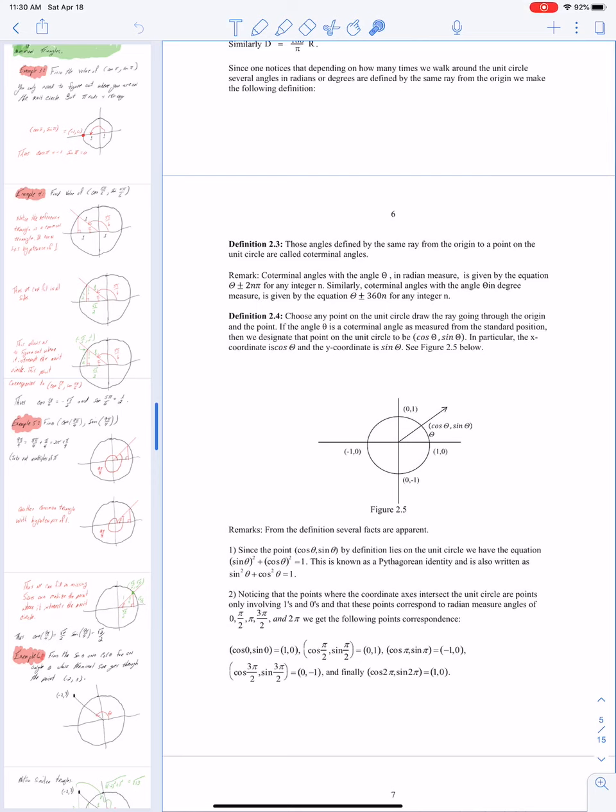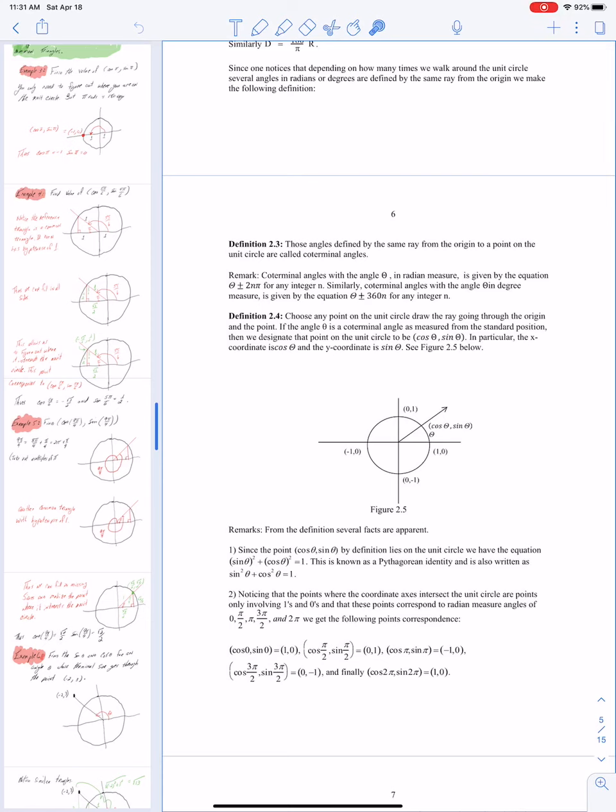Now if I go 3 pi over 2, 3 pi over 2 is walking from there all the way over to here. So it's got coordinates 0, -1, hence cosine of 3 pi over 2 is 0, sine of 3 pi over 2 is -1.